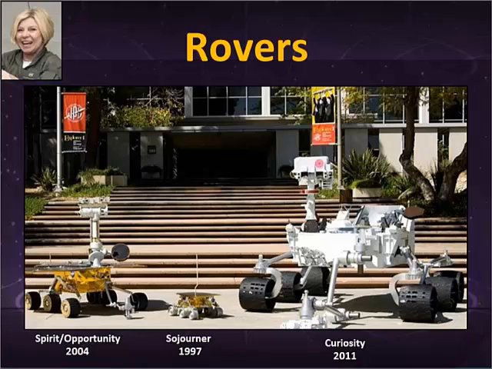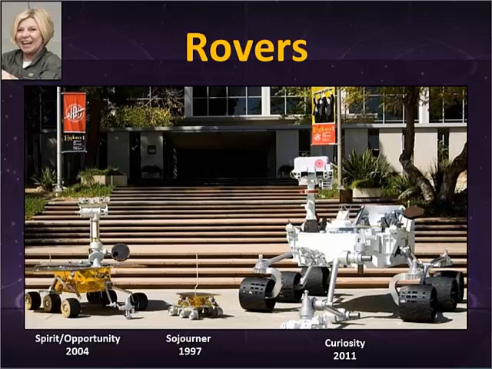If you look at Sojourner, Spirit and Opportunity are quite a bit bigger. And of course, they went to Mars in 2004. Now, if you take a look at Spirit and Opportunity, and then you compare that to Curiosity, you can see that we're getting bigger, we're getting better. We know what we're doing now, and we keep expounding on what it is that we want to do and what we want to find.